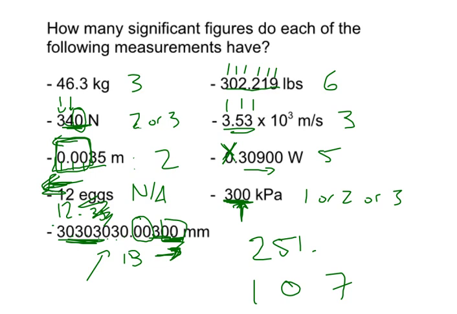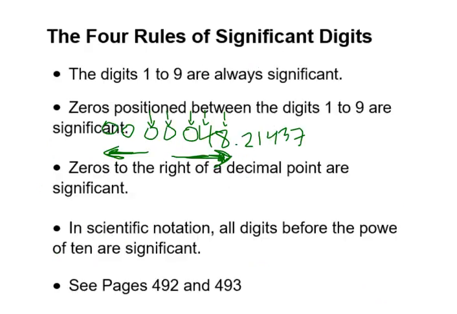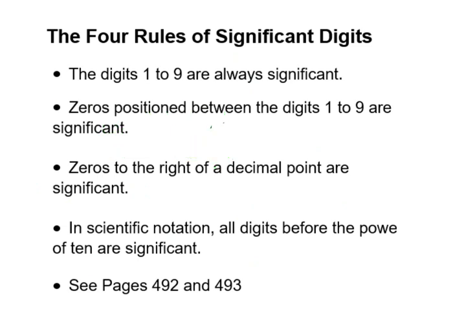Does that make sense? So maybe I should go through these rules a little bit more carefully here then. Because if you just want some systematic rules, anything that's 1 through 9 always counts. Zeros between digits count. So if you have 1007, this is 4 digits. This one, this one, this one, and this one, they all count.